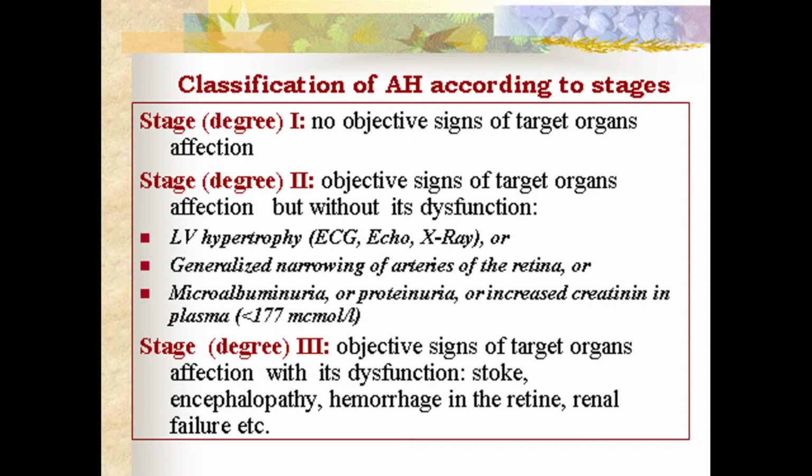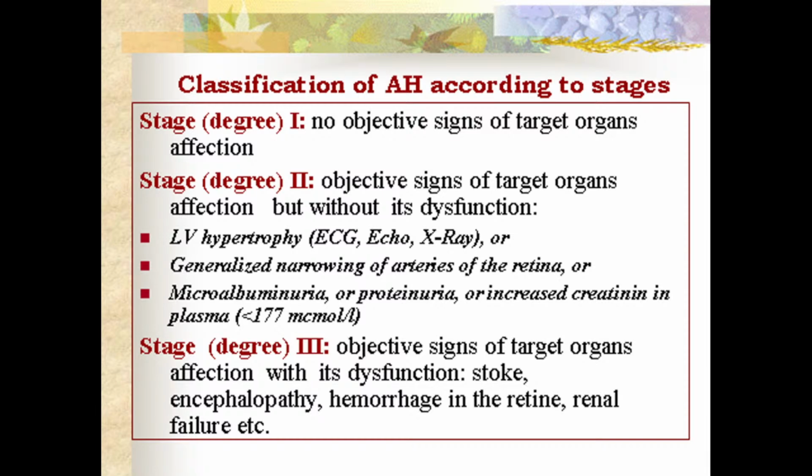And classification of arterial hypertension according to the stages. The first stage is characterized by the absence of objective signs of target organs affection. Arterial hypertension is present. It's not very high, but it's present. It can become persistent, but commonly it's rather transient. The second stage, or the second degree of arterial hypertension, there are objective signs of target organs affection, but without its prominent dysfunction.